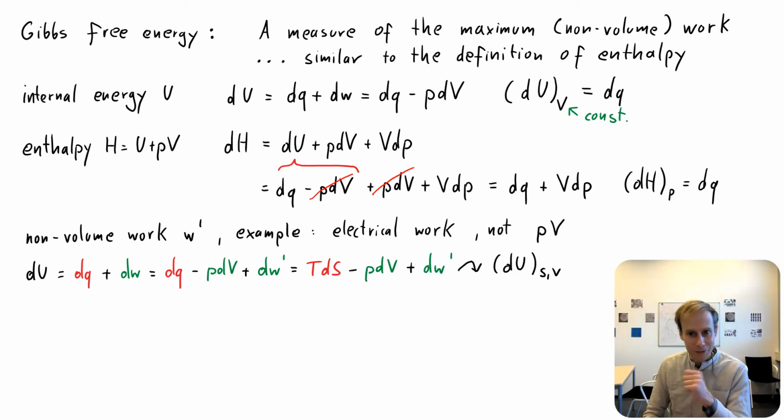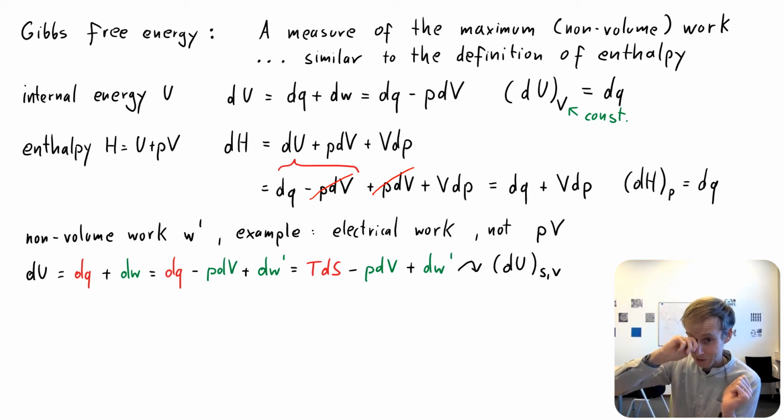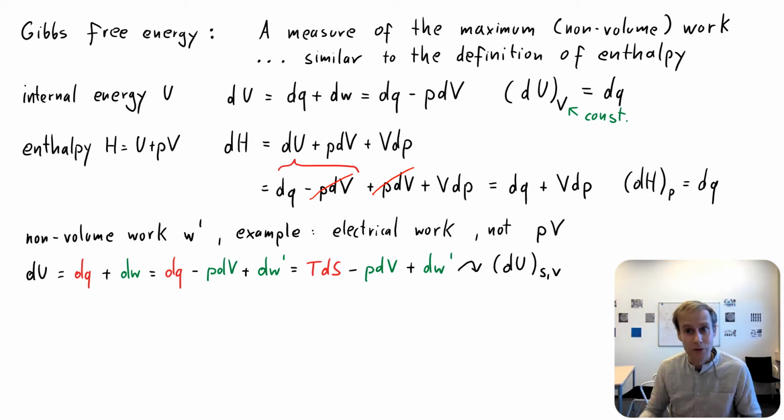Okay, now what we see is how the meaning of the internal energy can also be interpreted, but this time not at constant volume as before, but at constant entropy and also constant volume. We can say that a change of the internal energy corresponds to the amount of non-volume work that is performed, since dS will be 0 for constant entropy and dV is also 0 for constant volume, right?